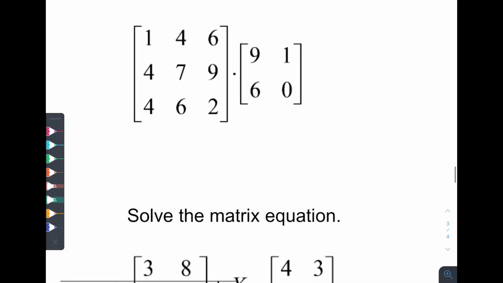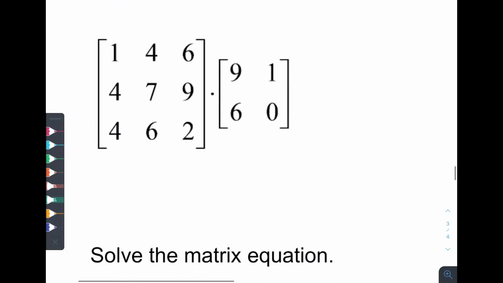And then lastly, this last one here, we have a 3 by 3 and a 2 by 2. These numbers do not match, so we cannot multiply.